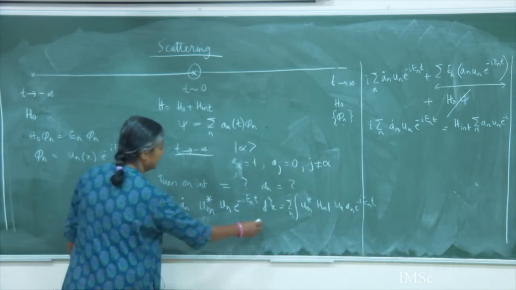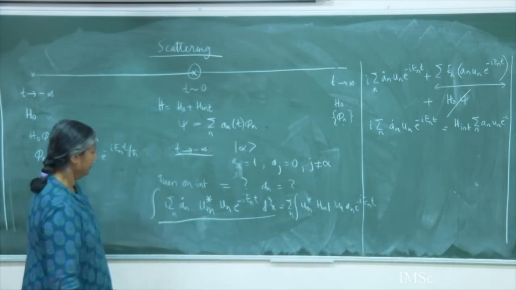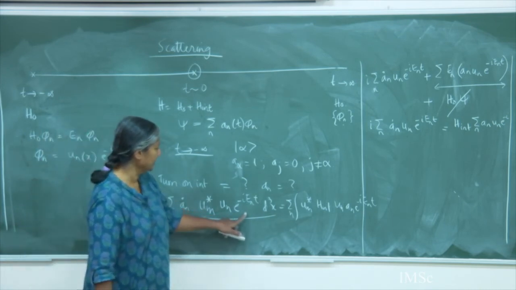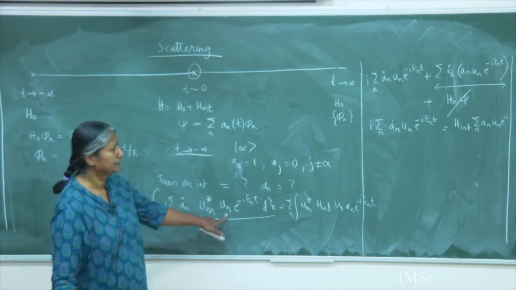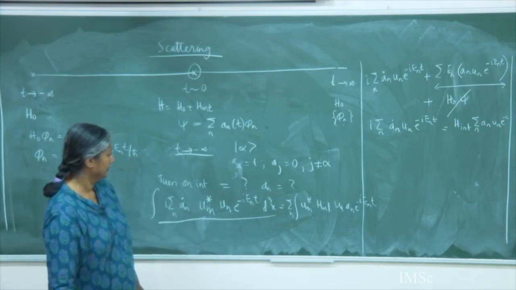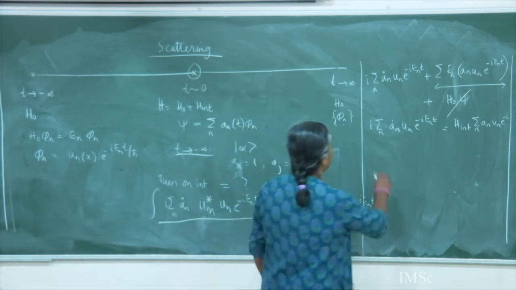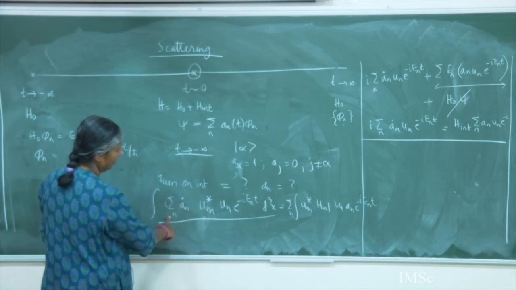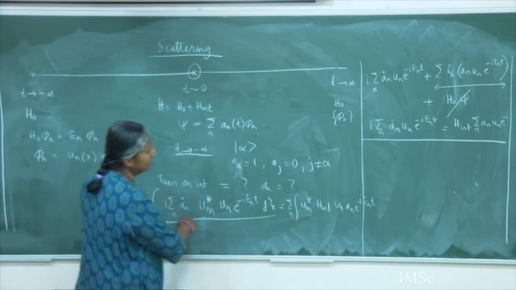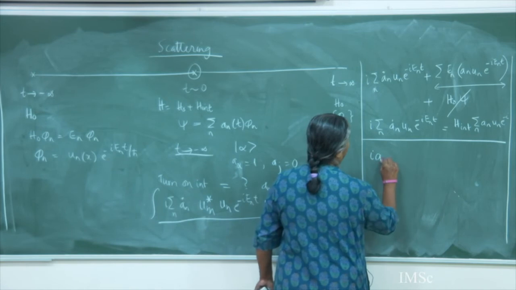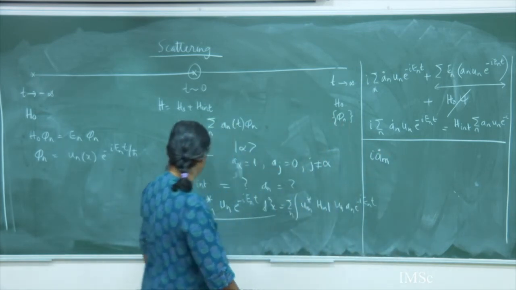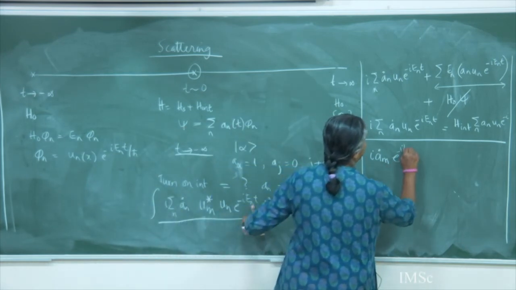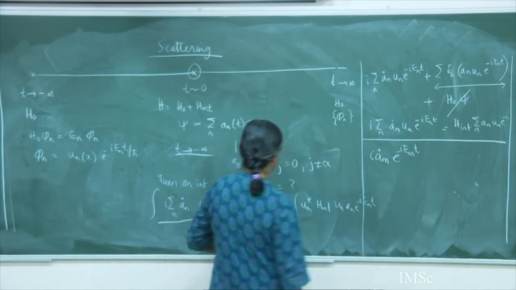What is the left hand side? This is a number. So what is u m star u n? It is the delta function m n. So the left hand side of the summation over n pulls out the single term which contains a m dot. I hope you can hear the difference between m and n, and so this will also become e to the minus i e m t.